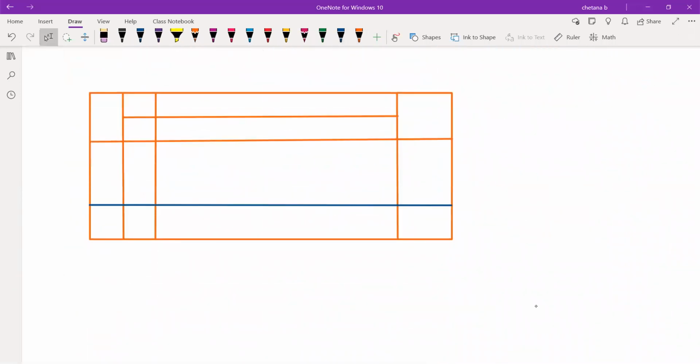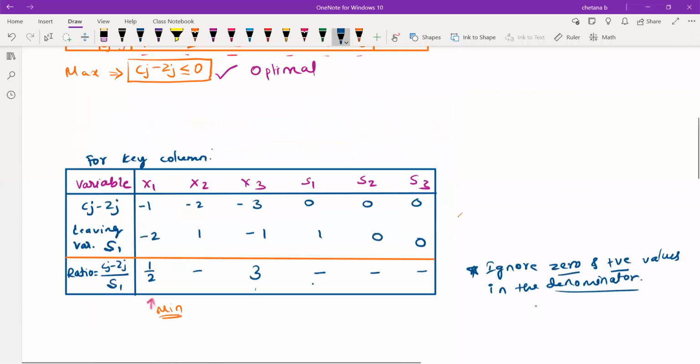So CBI, CJ, BV, X1, X2, X3, S1, S2, S3, solution, and -1, -2, -3, 0, 0 and 0. Then we have the entering variable. So which is the entering variable now?